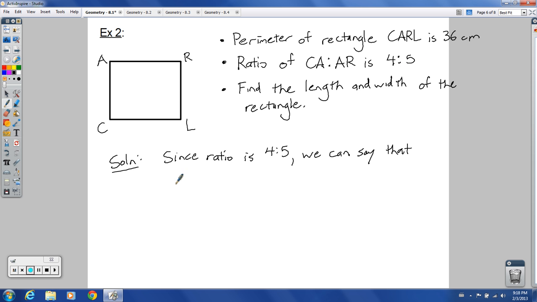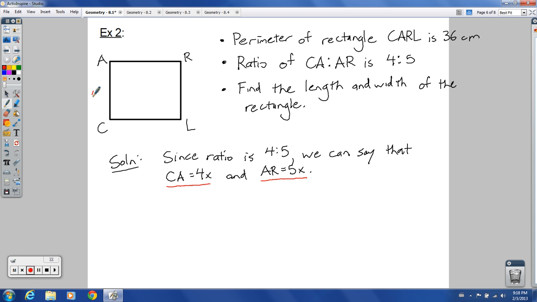We can say that CA equals 4x and AR equals 5x. So if that's true, let's put that in the picture. Let's get out a different color at this point. So pause if you need to, get out that different color, and let's underline this in a different color and put that in the picture up here.